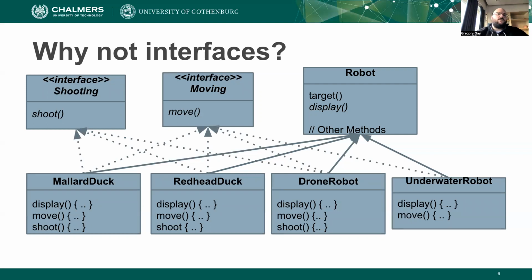Our drone, for instance, is going to offer a move method. Our underwater robot offers a move method. Only drone offers a shoot. Underwater robot doesn't. And this provides assurances that if an object can move or shoot, we know how to call that behavior, right? That's a good start.